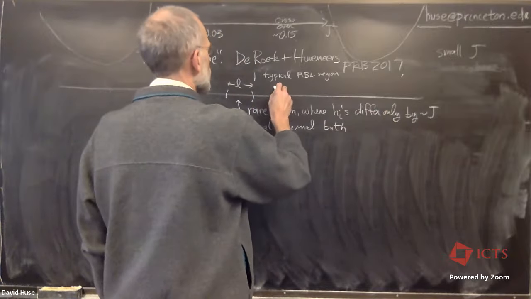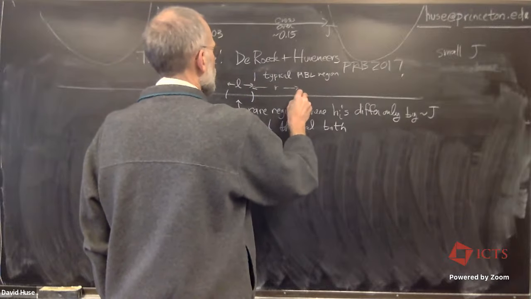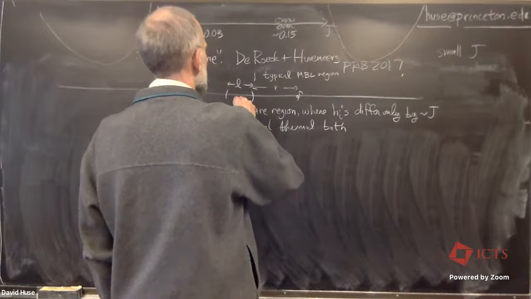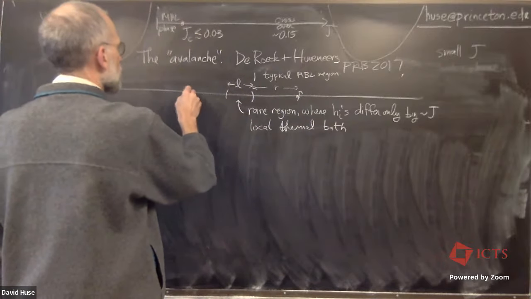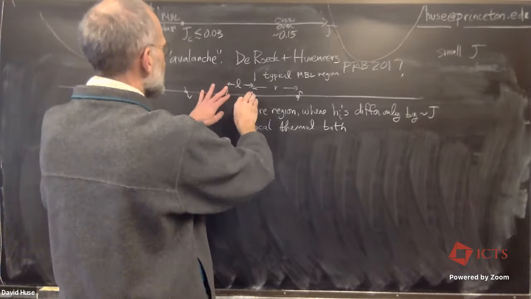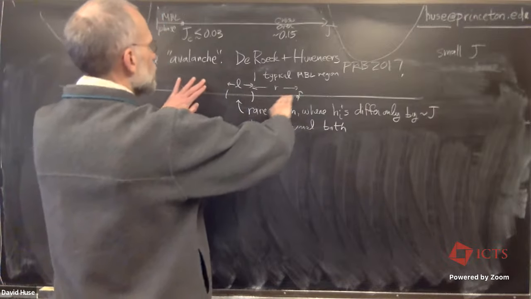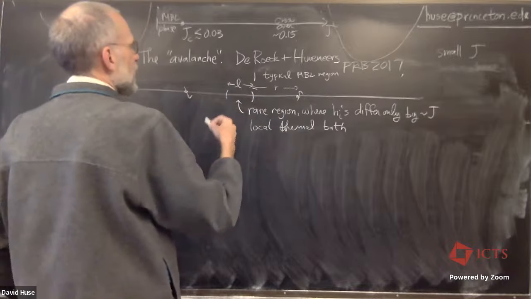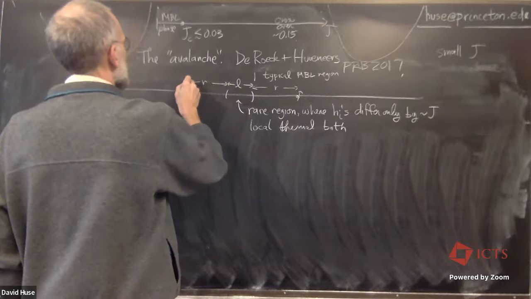But if we go to distance r and ask, is this bath able to thermalize this spin? Now, it's doing it in both directions. So basically, this initiates an avalanche of thermalization, which spreads in both directions. And the question is, does that propagate forever, or does it stop?